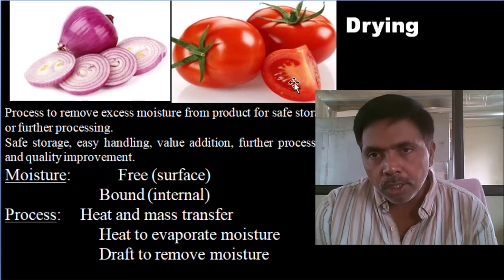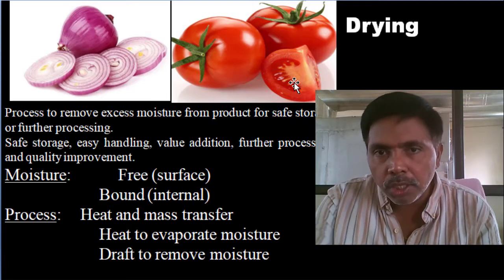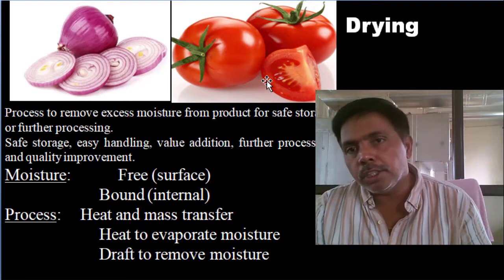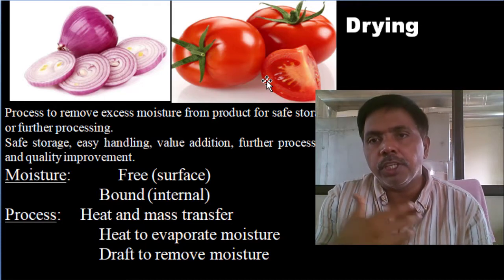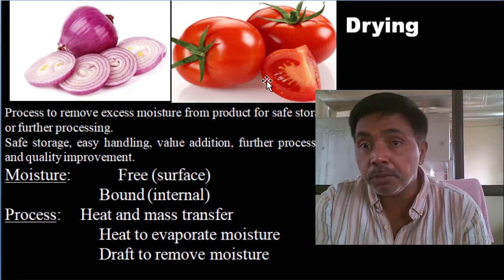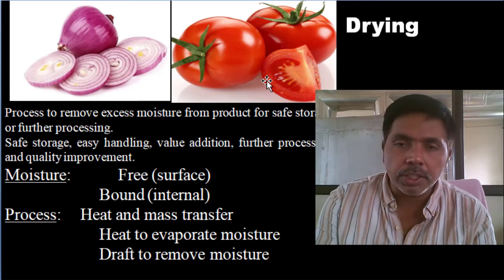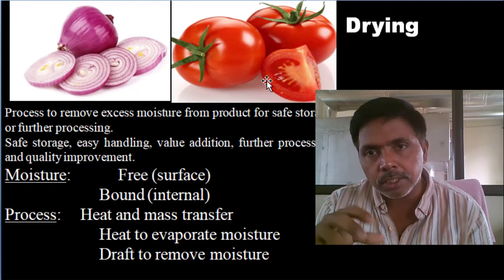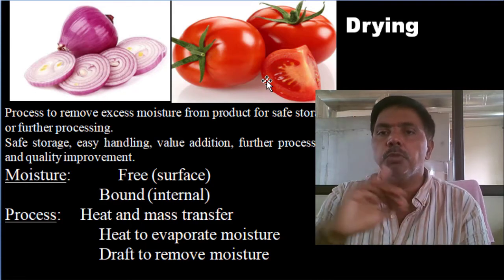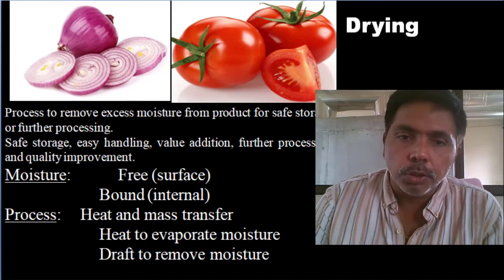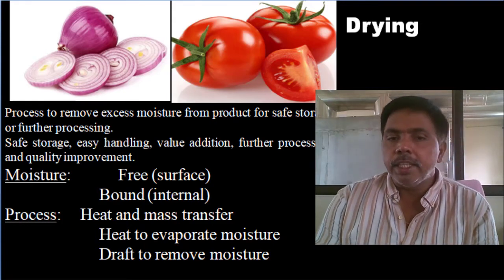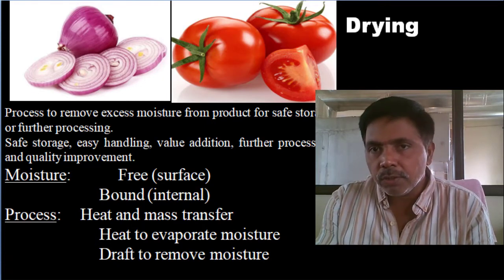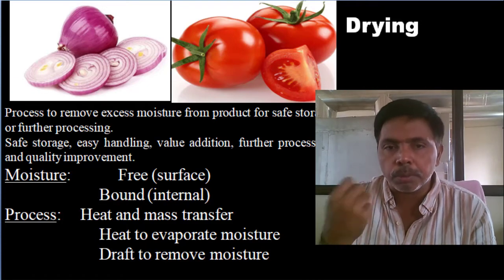While bringing the bonded moisture from the body to the surface, it will take time. At that time, fresh air is not required every time, so recirculation of the air will take place. Industrial drying does exactly that. So drying means removal of the surface moisture, then bringing the bonded moisture to the surface and removing it. Here heat and mass transfer are the major criteria, because heat transfer is required and mass also has to be absorbed.